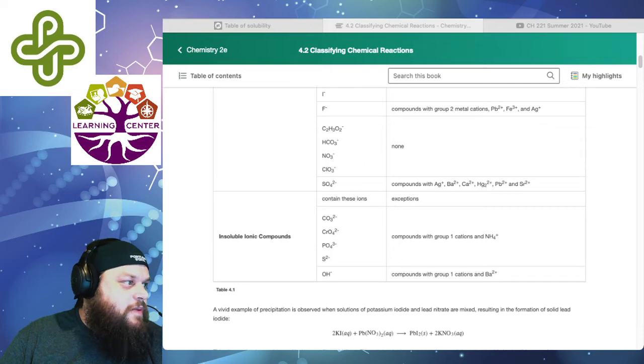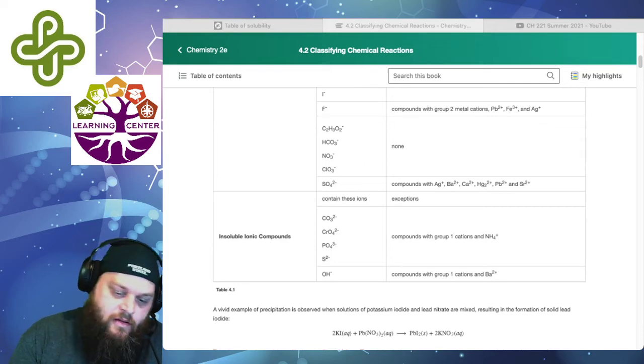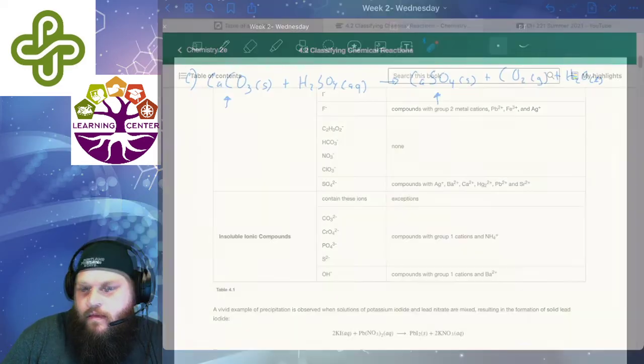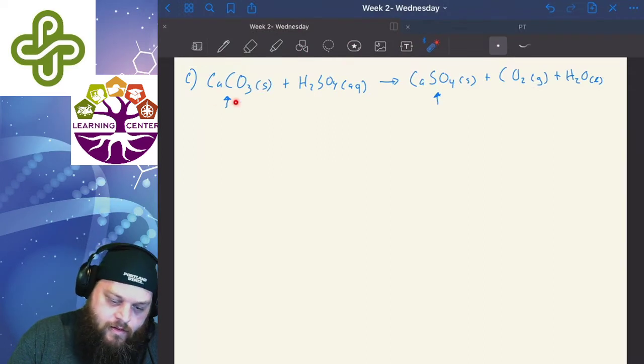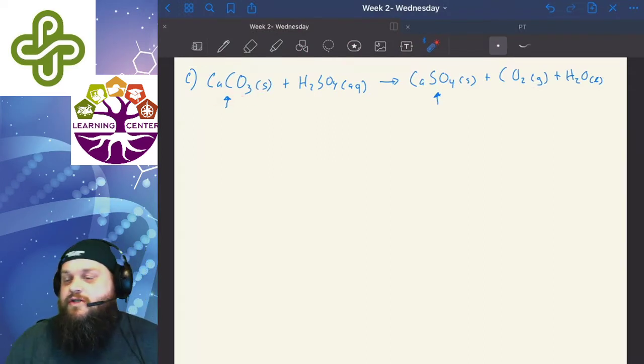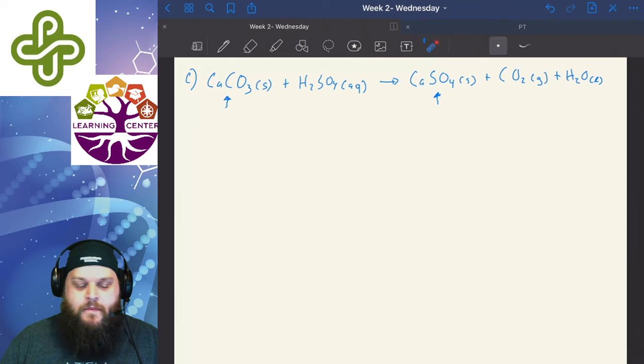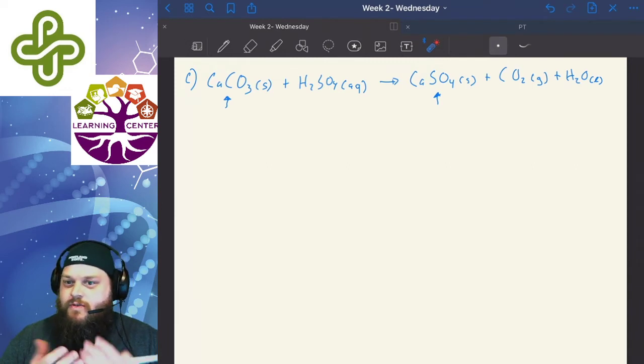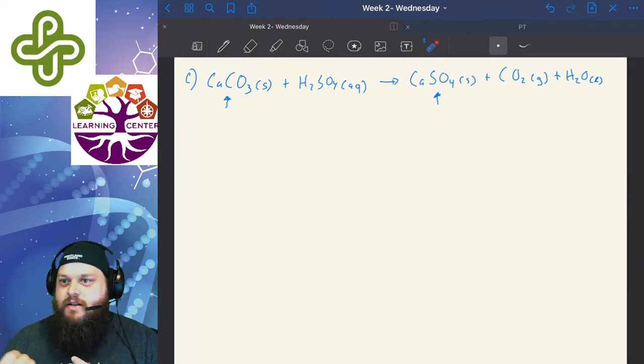So this should be insoluble as well. Going back here, this guy should also be insoluble. It should stay a solid. Now, all of these solubility things, it's really what we call an equilibrium, where it's constantly moving back and forth between a solid and a dissociation and then back again. It really strongly wants to be a solid in this case, but some of it is going to dissociate.